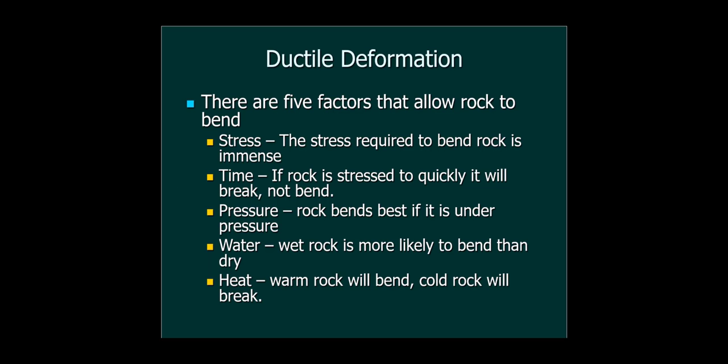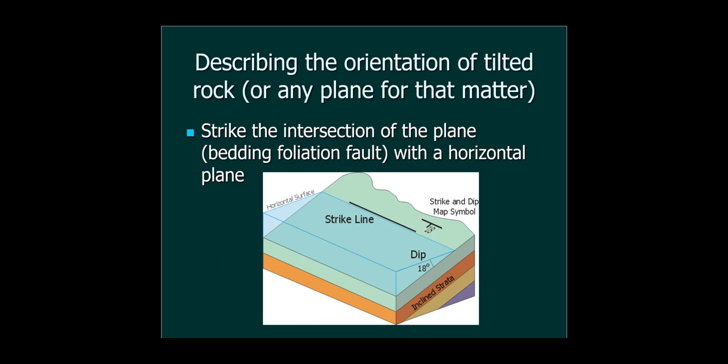This is dipping kind of this way, and this is dipping kind of that way, but it's dipping steeper, and so I want a way to describe this deformation on a map. I need a system. How am I going to describe this deformation on a map?